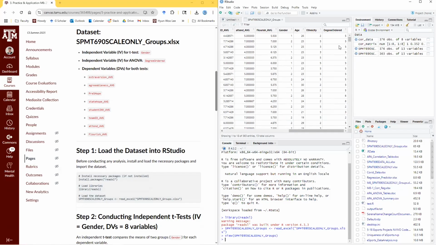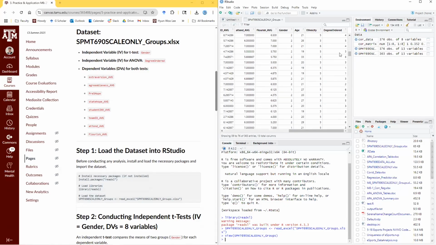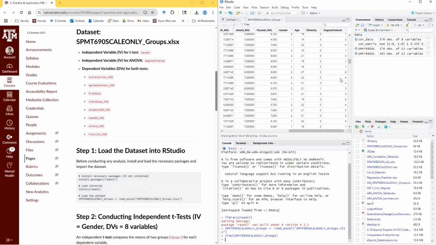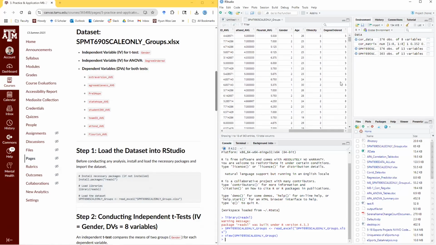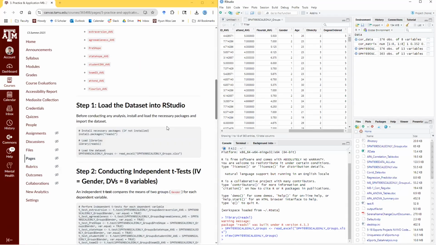On the other hand, our degree ranges from 1 to 6. 1 was freshman, 6 was PhD students. So in that case, we have to run an ANOVA because we have more than two means. And our dependent variables are the 8 ones that we've been using so far.